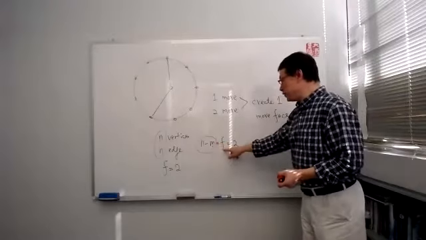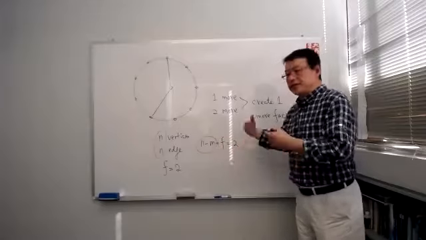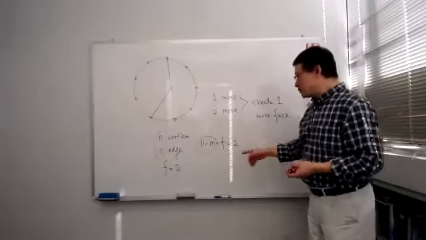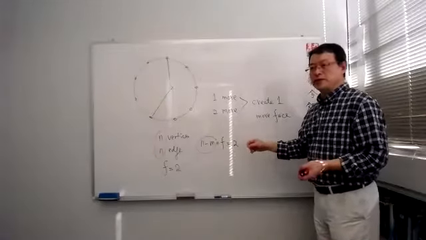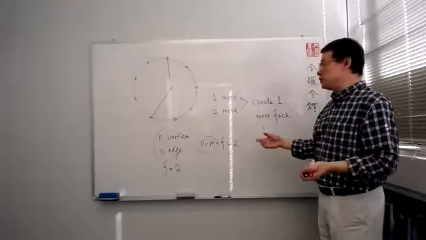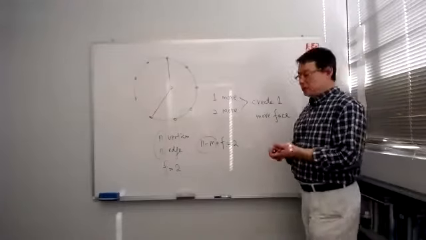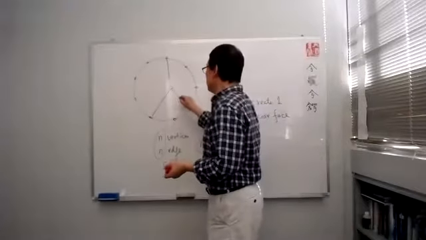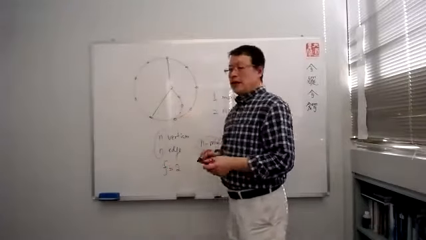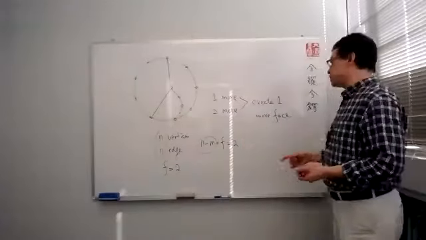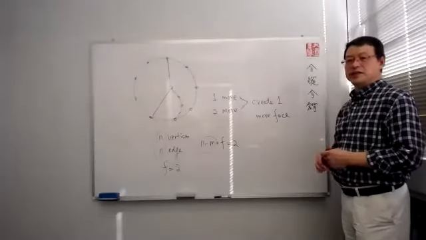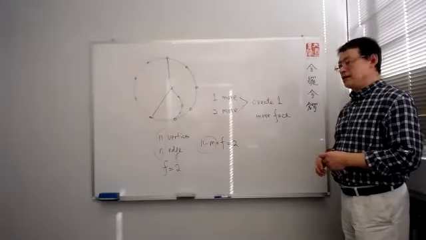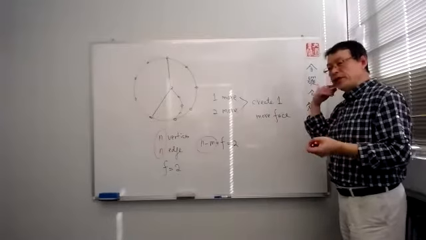Increase this one by 1, increase this one by 1, minus plus, they cancel. So this 2 really plays an important role. If we keep on doing that, nothing changes, so this number is still maintained. If we get our planar graph in this way, we can see it always holds. That's the intuition that we can use induction based on this one.